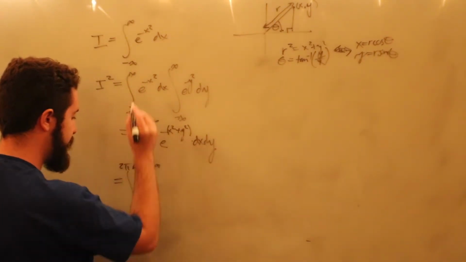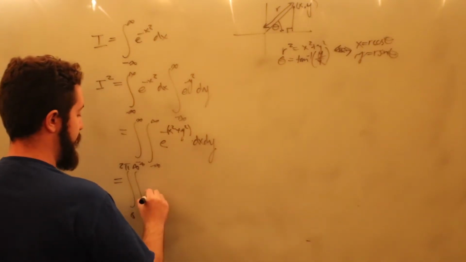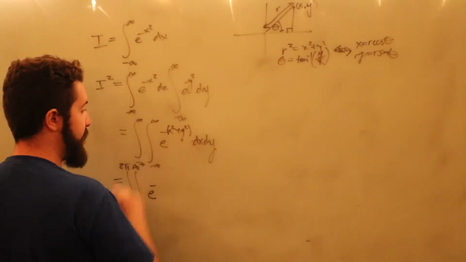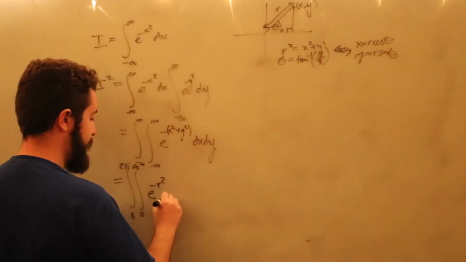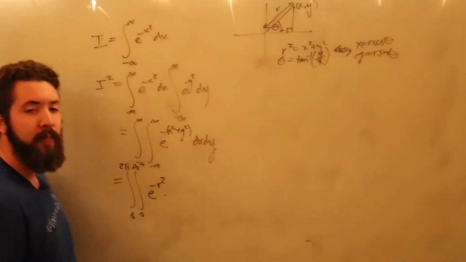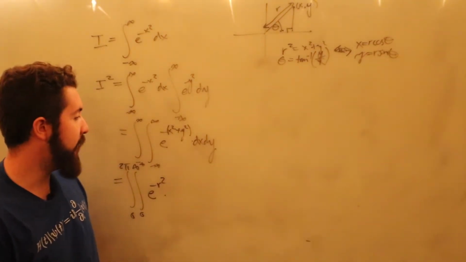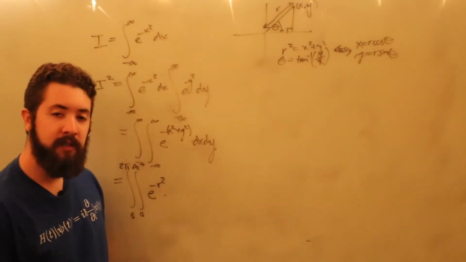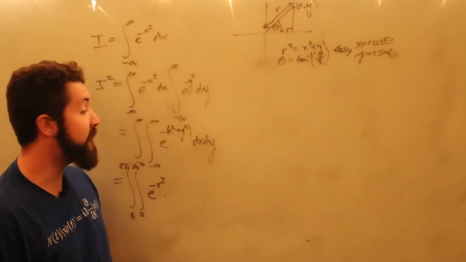So 0 to infinity. Then we substitute r squared for x squared plus y squared, and now we just have to figure out what is dx and dy in terms of dr and d theta. It's not just dr d theta.